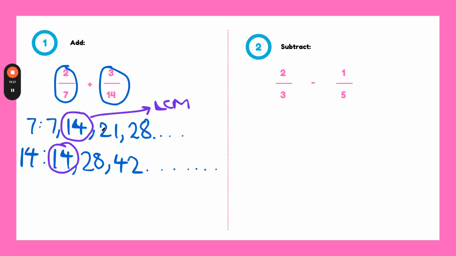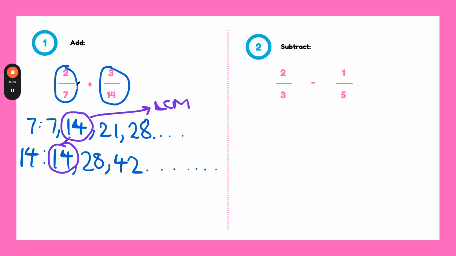Because 14 is a multiple of both 7 and 14, and it is the lowest number that divides into both numbers fully without any remainders. So that is how we know that 14 is our LCM. So now we know our lowest common multiple is 14.